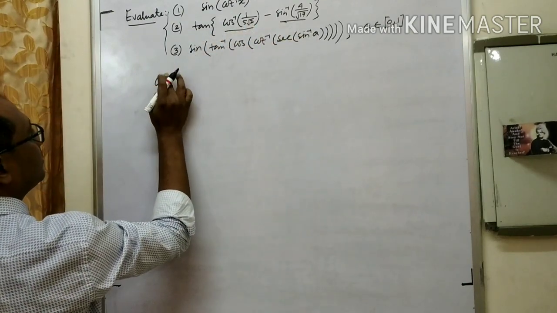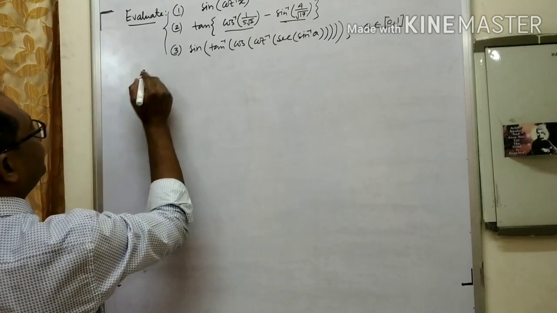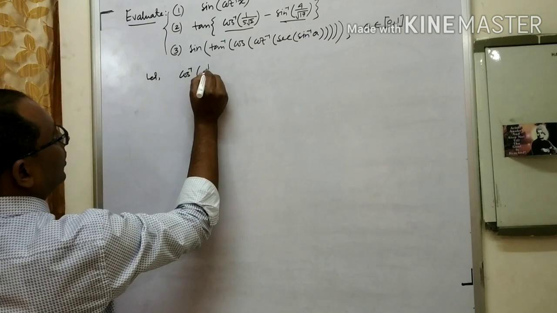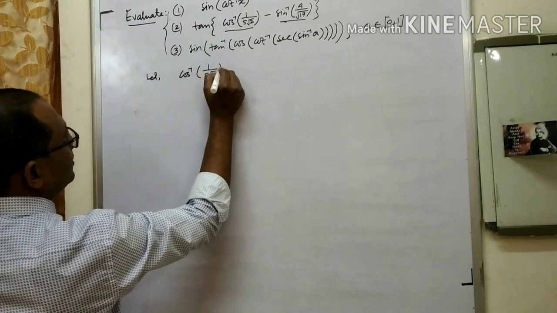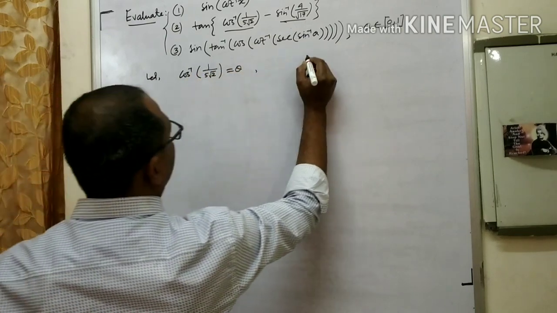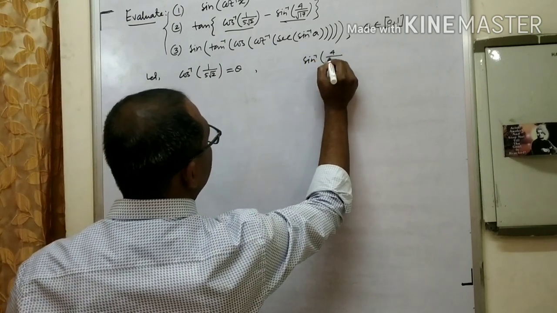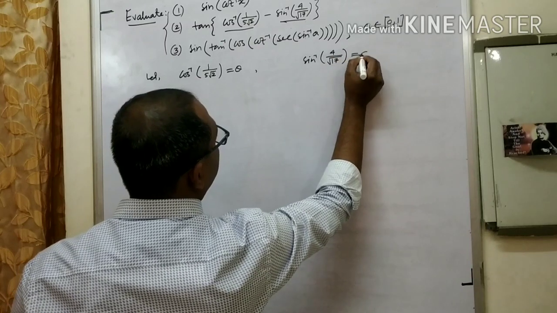Cos inverse of 1 by 5 root 2 is equal to theta, and sine inverse of 4 by root 17 is equal to phi.